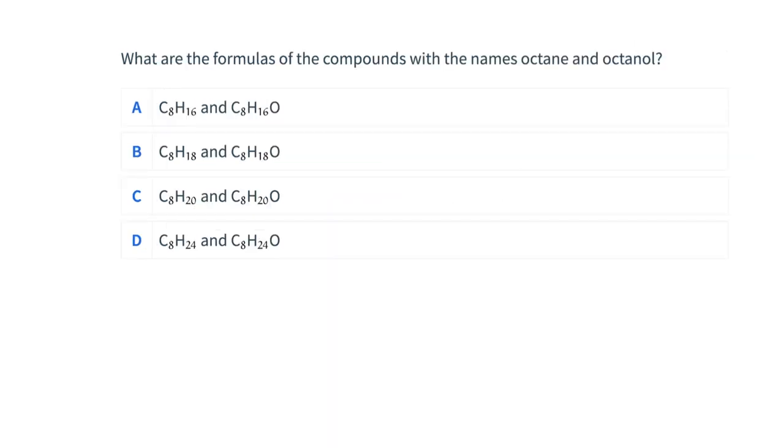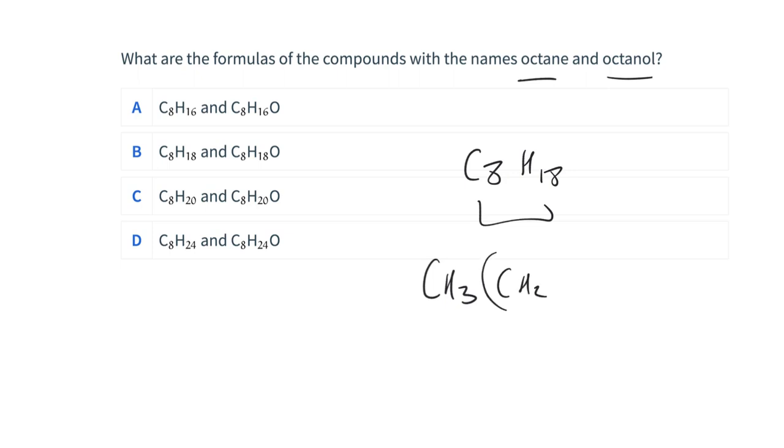What are the formulas for the compounds with the names octane and octanol? So C8H18, we saw this in an example a little bit earlier in the slides today: CH3, (CH2)6, CH3 are saturated, 8 carbon count for octane, so 6 plus 12 is 18.